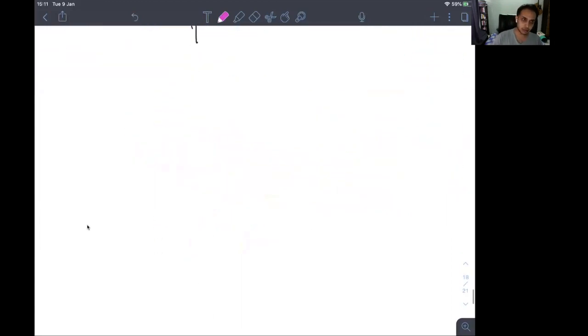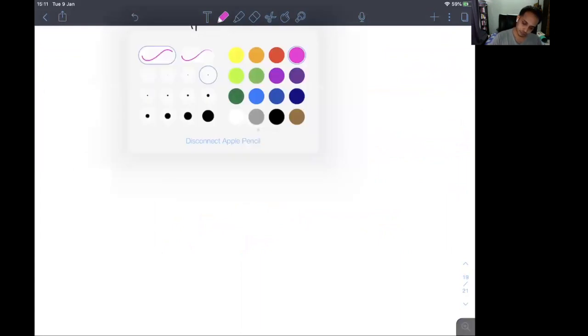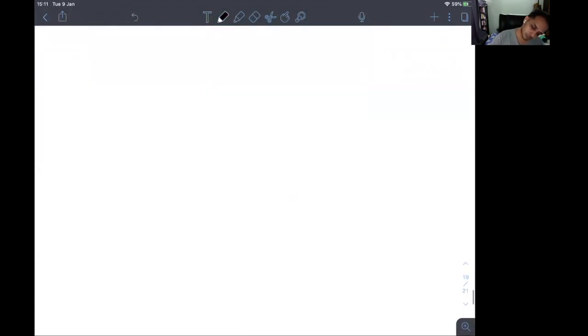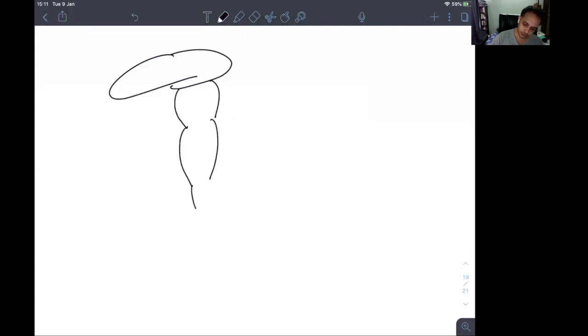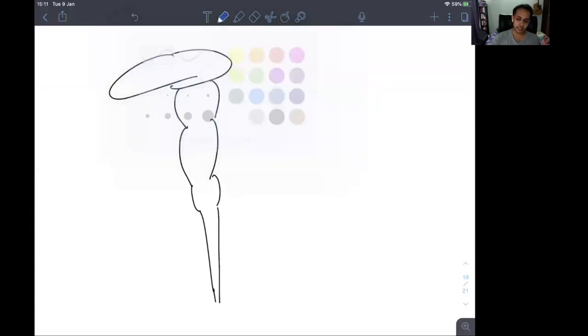Now let us take a closer look. So now I'm drawing the brainstem in much larger dimension. When you think about the brainstem, there are certain factors that you need to think of. One is that there are tracts. Tracts are white matter fibers connecting the brain and the spinal cord.